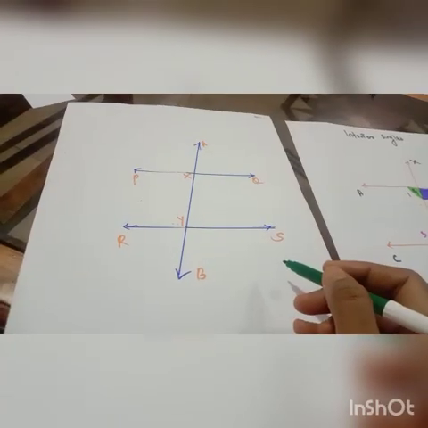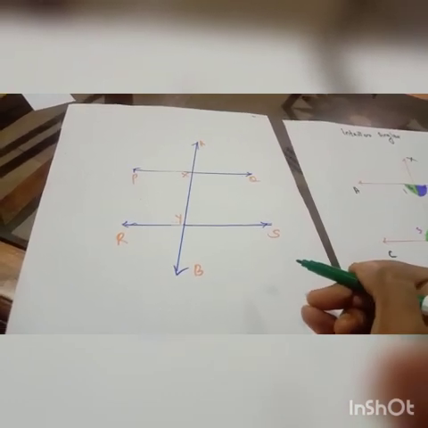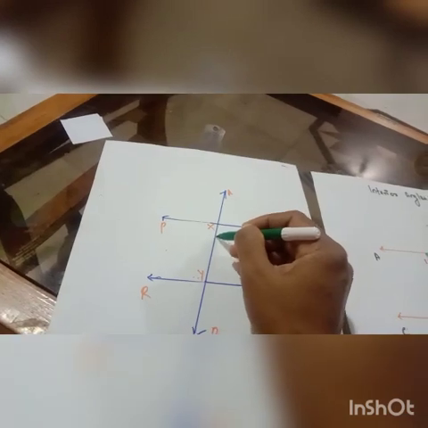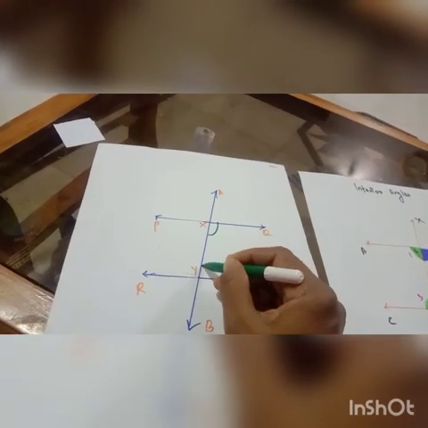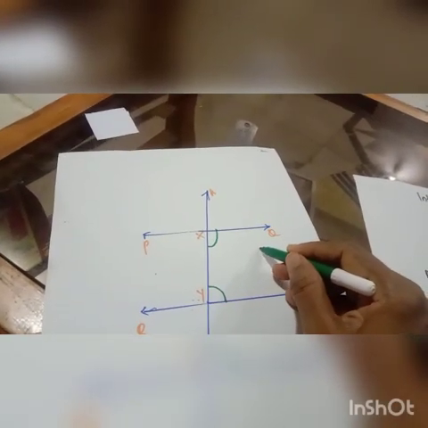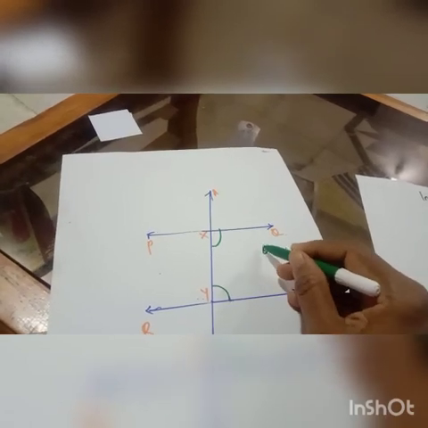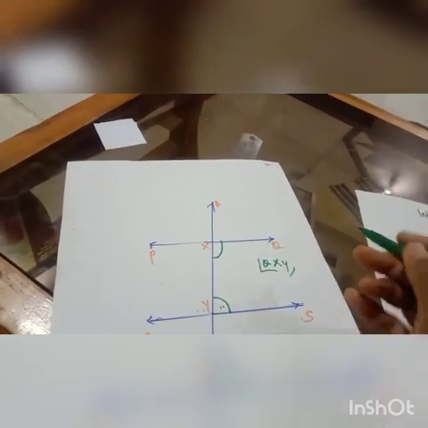We will see how to write the interior angles in 3-letter form. In the same way, on the same side, these two angles: how can we write? Say. Okay, Q, X, Y. And then this angle, how can we write?